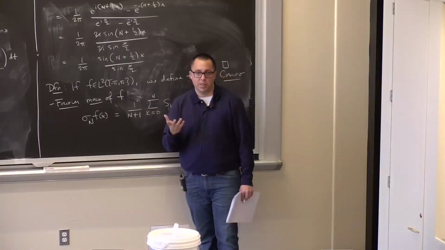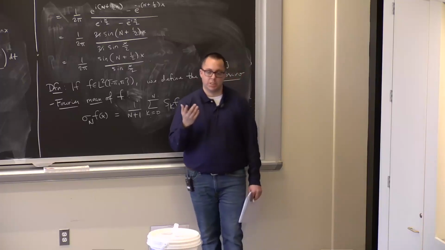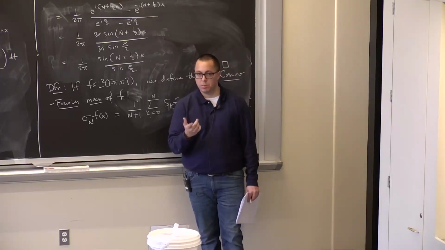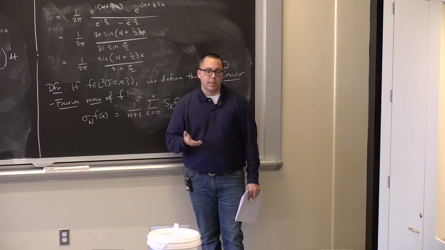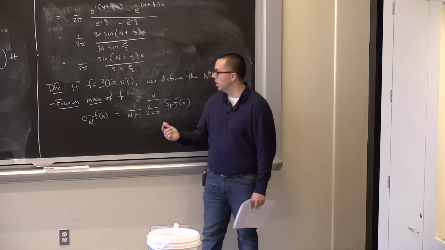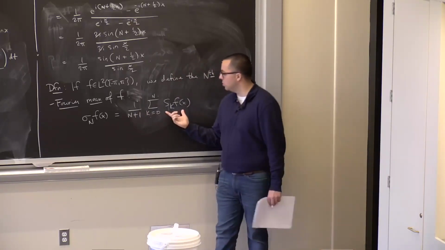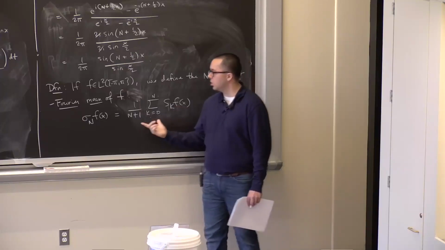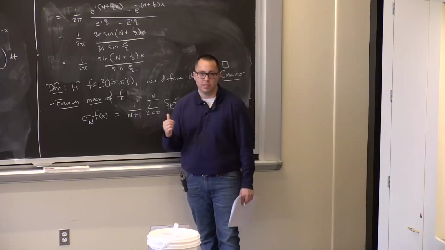What's great about the Cesaro means is that they behave a little bit better than the sequence you start with, but you don't lose any information. So if the original sequence converges, then the Cesaro mean also converges. So if you're expecting the partial sums to converge to f, then the Cesaro means should converge to f.